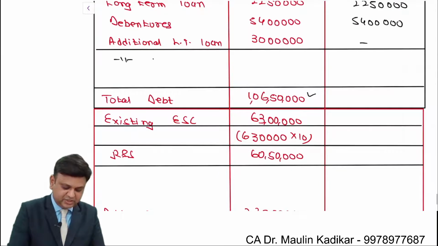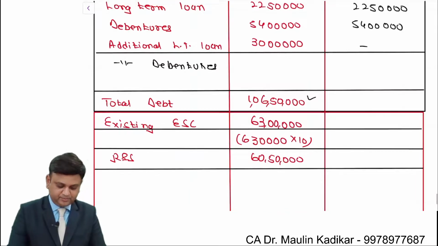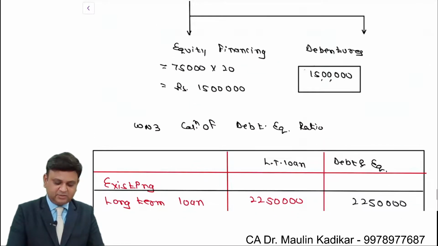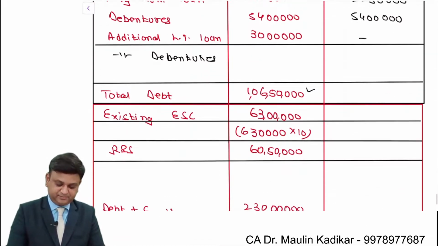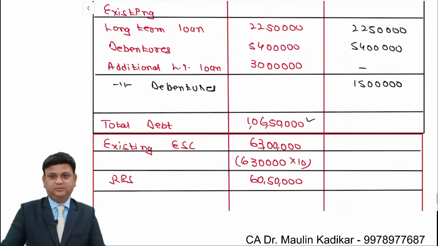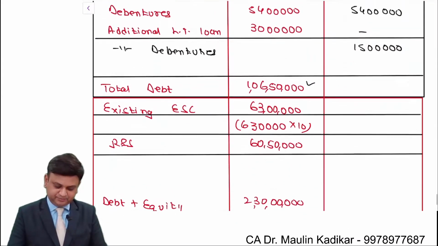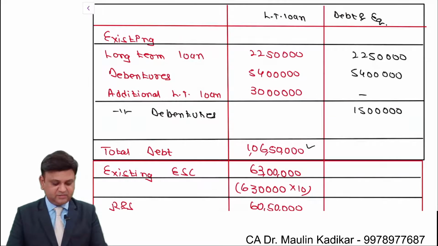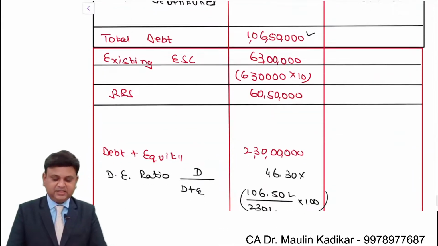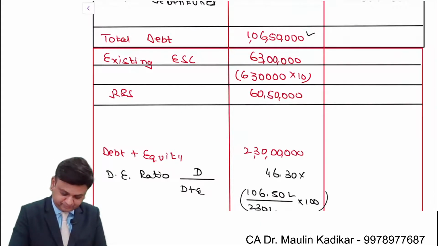So here I am writing additional debentures, an amount of 15 lakhs. The total amount of debt financing will be 22 lakh 50,000 plus 54 lakhs plus 15 lakhs. That is 91 lakh 50,000.